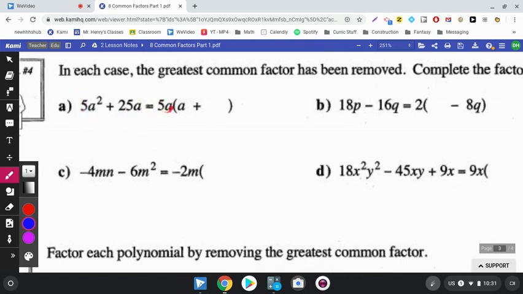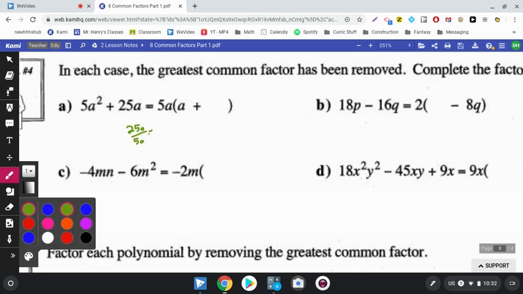I said my GCF was 5a. So I removed 5a, and you can already see the first one. 5a squared divided by 5a, you get left with an a. And then the second piece I'd have to do is the 25a divided by 5a would just equal 5. So what would go in the blank is the 5.